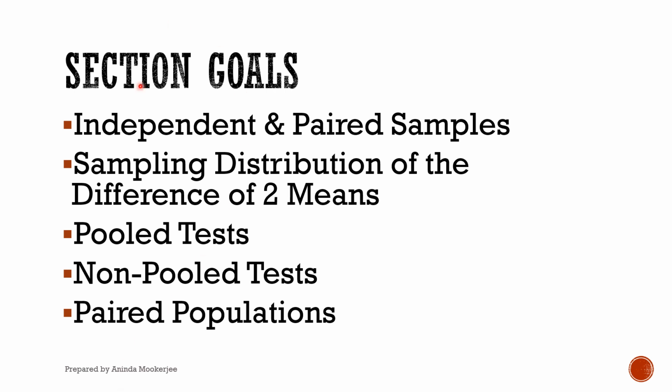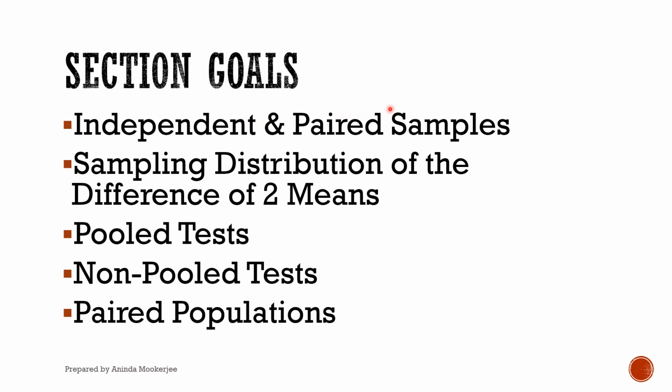Now, here are some of the topics that we are going to learn about. The first thing is to understand the difference between independent and paired populations and therefore samples. There can be two kinds of populations: independent populations and paired populations.